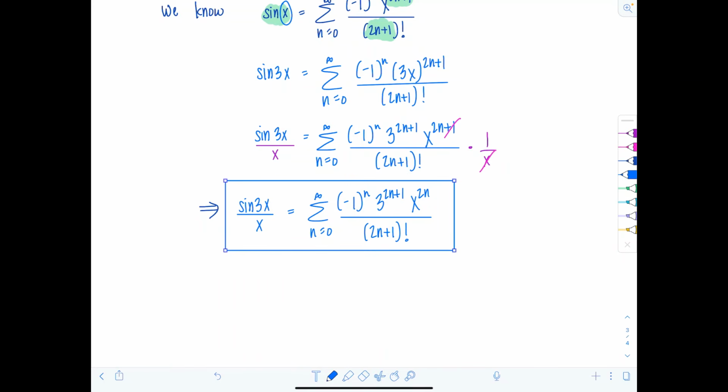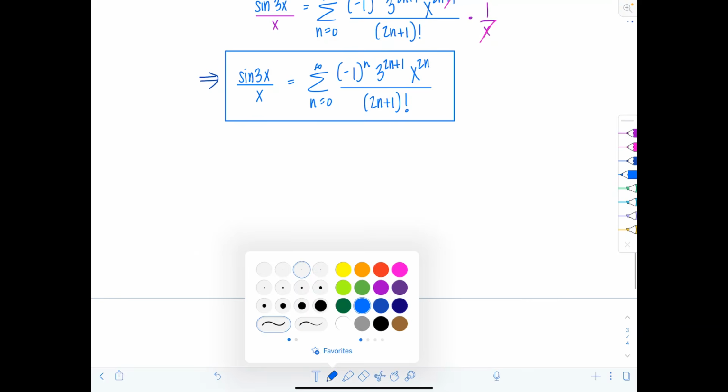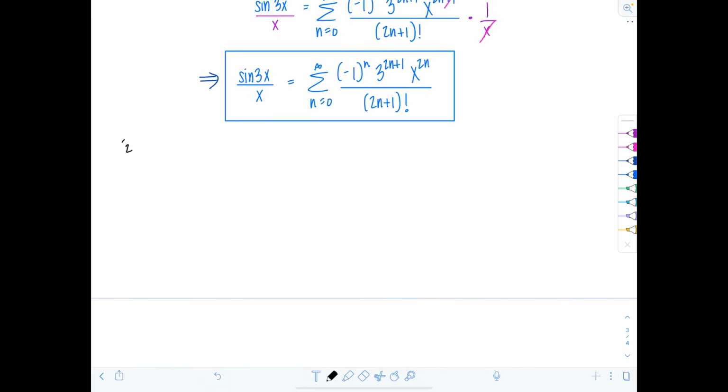Okay, good. Let's do one more like that. I'll call it example 2. In this case, f of x equals x times cosine of 1/2 x squared. Okay, do you remember the power series representation for cosine of x? Here's the easiest way to remember it. Cosine of x is an even function, right?